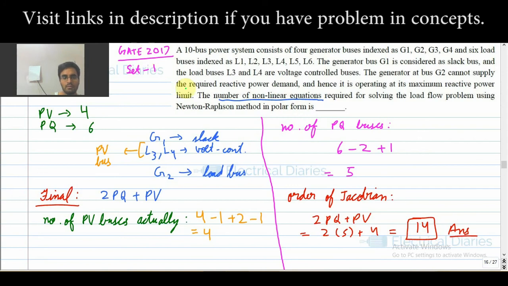So 14 is the number of non-linear equations required. That is the trick you have to remember for such questions.